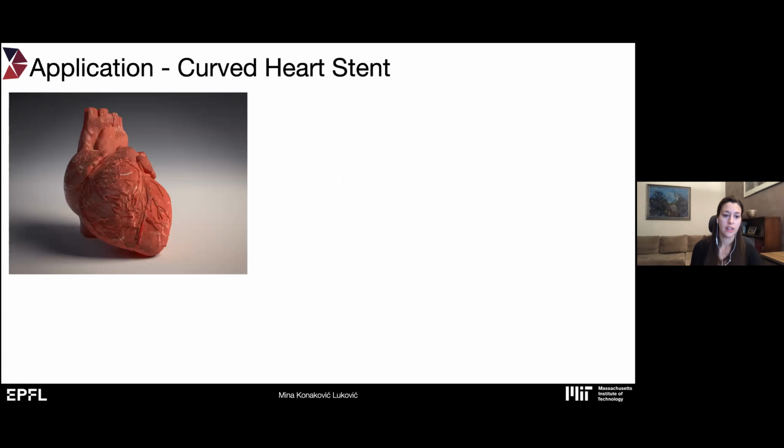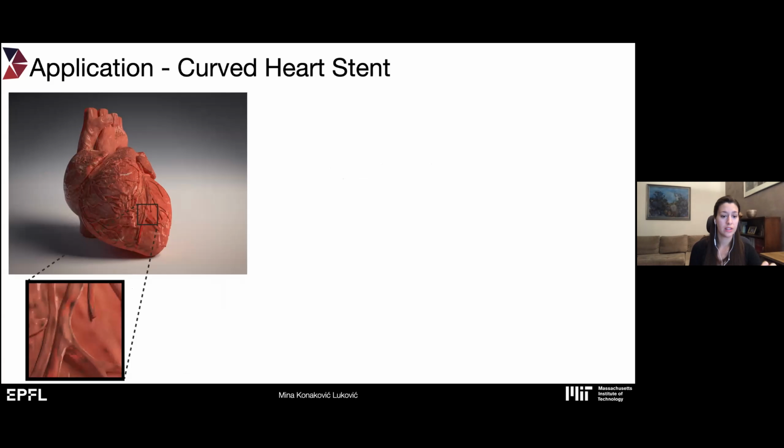And what we show here is that you can actually make a patient-specific heart stent by taking the scan of the patient's heart. Then you detect what blood vessel is affected, for example, this curved one here. Then we can easily reconstruct the shape of this blood vessel that we need to unclog.